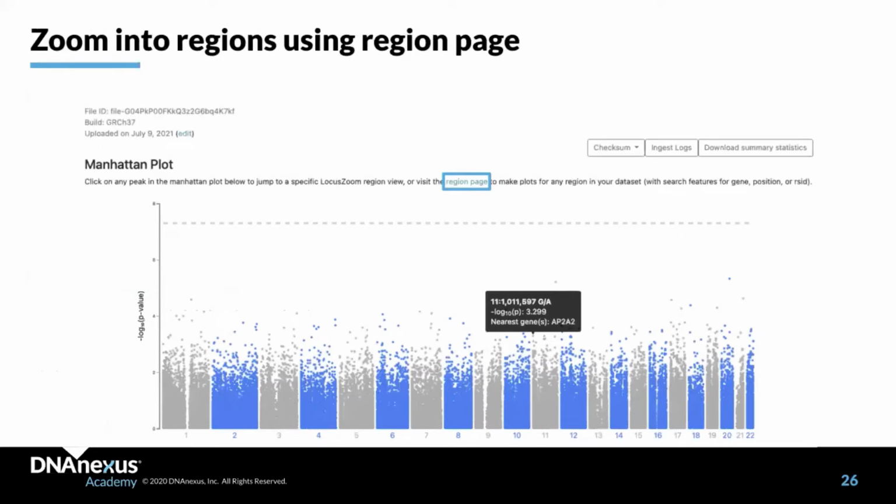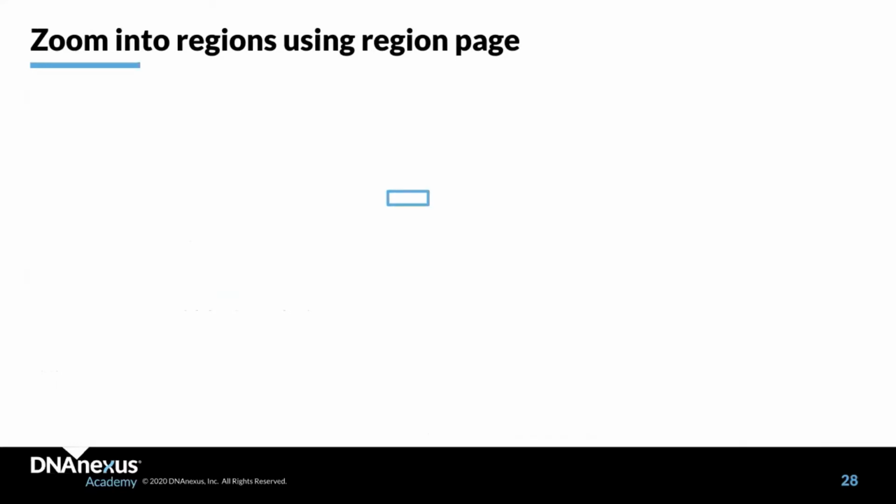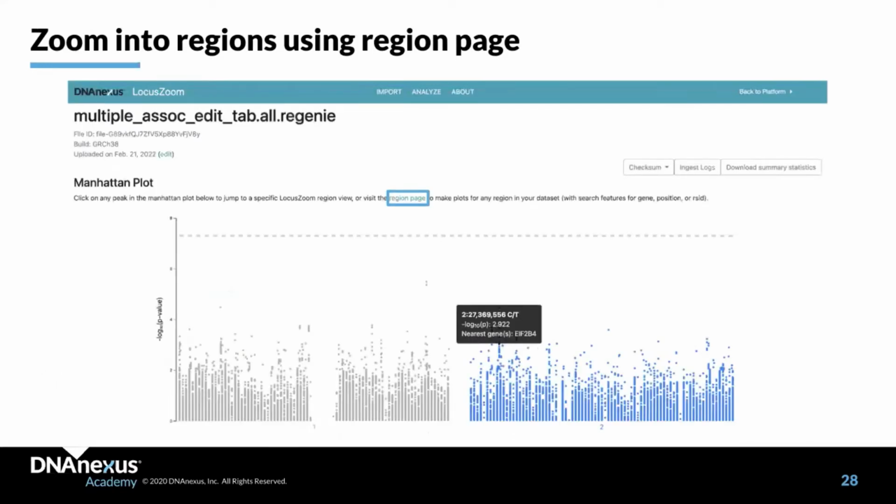Once everything is working, you can see your results page, and here you can see the Manhattan plot for PLINK for all of the chromosomes. We will be showing you just 2 chromosomes for the REGENIE output, but what we want to point out is that you can zoom in even more using the region page.